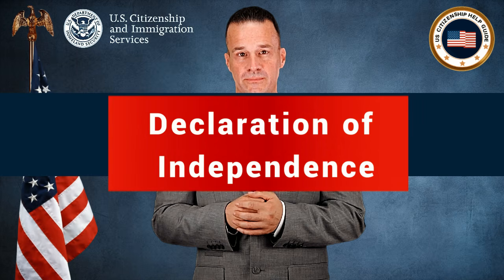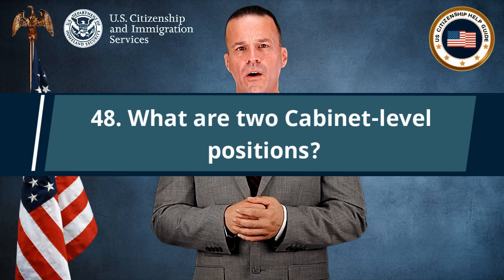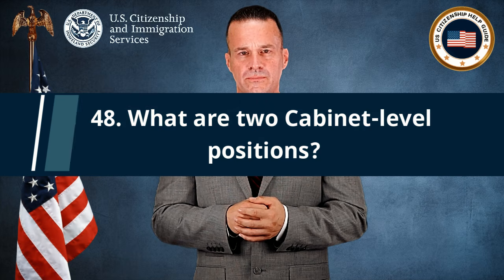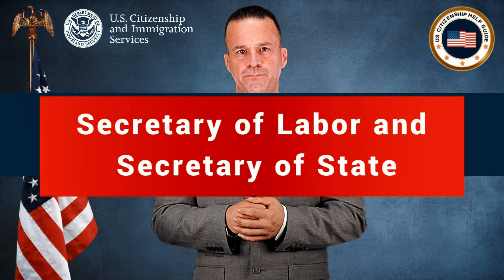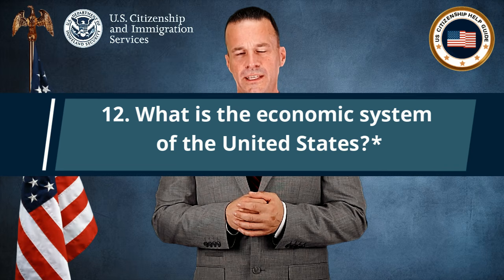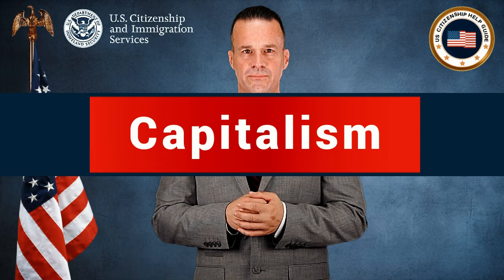Declaration of Independence. 48. What are 2 cabinet-level positions? Secretary of Labor and Secretary of State. 12. What is the economic system of the United States? Capitalism.